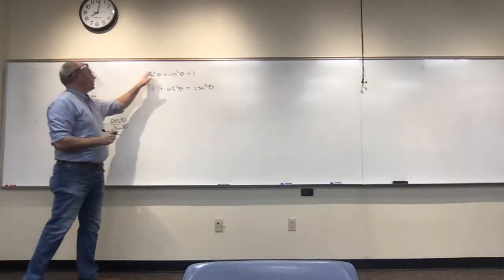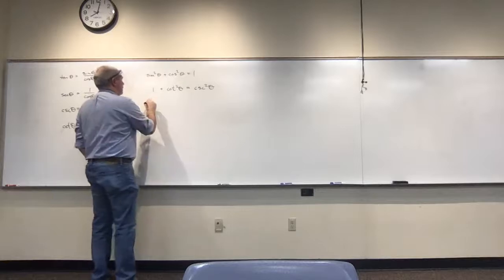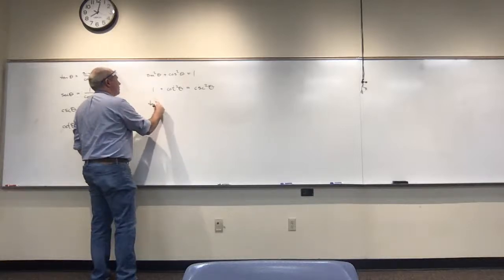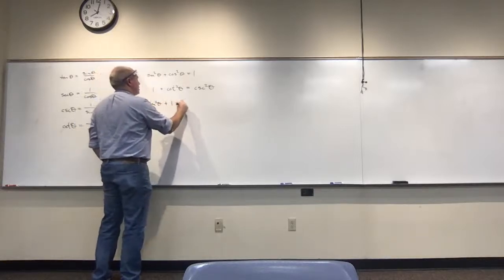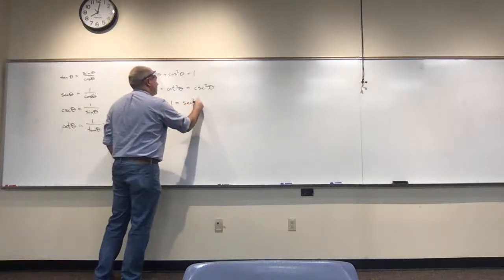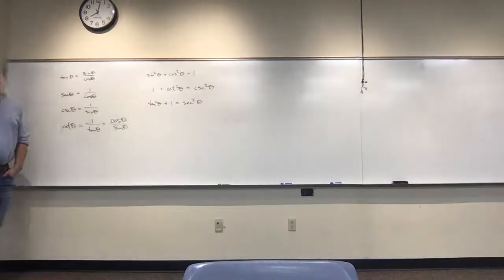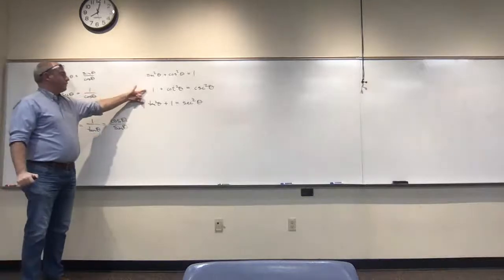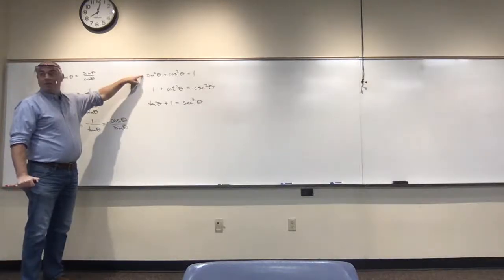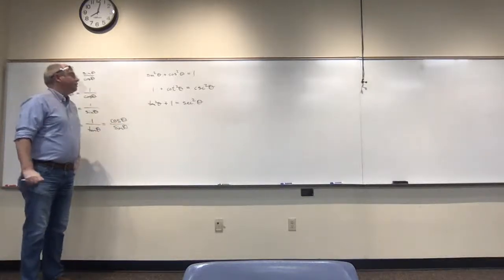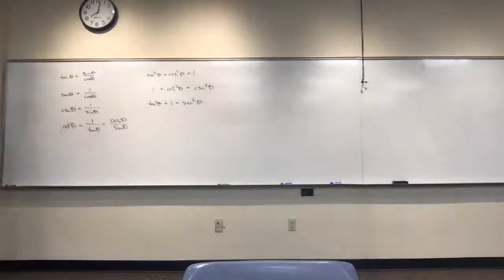Or if I divide everything by cosine squared of theta, then I get tangent squared of theta plus 1 is equal to secant squared of theta. But all of these are just derivative statements of this statement, right? So all of those for sure.